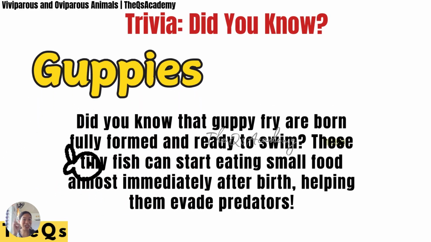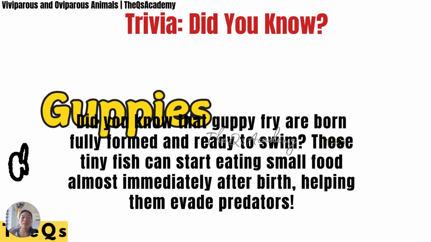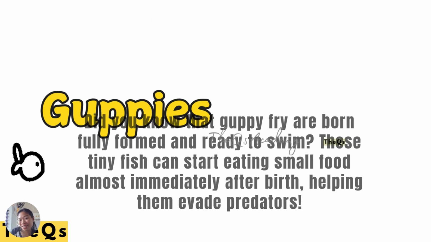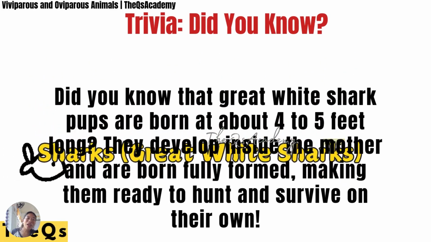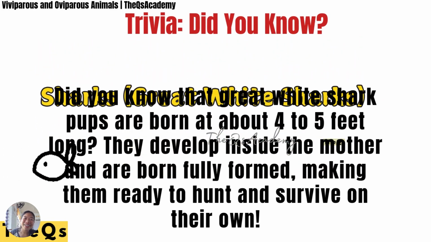And did you know that guppy fry are born fully formed and ready to swim? These tiny fish can start eating small food almost immediately after birth, helping them evade predators. We have also sharks.